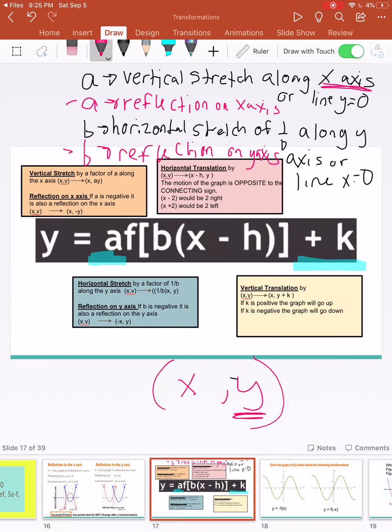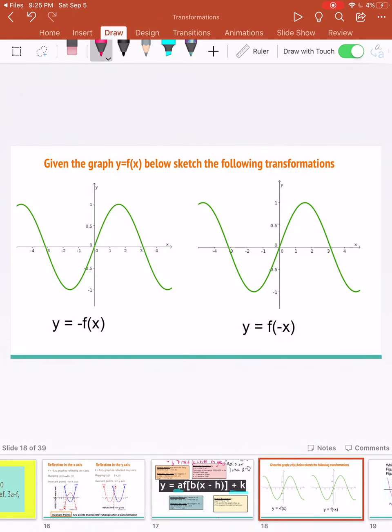Anything inside that function notation, so in those brackets, is going to affect my x variable when it comes to mapping notation.